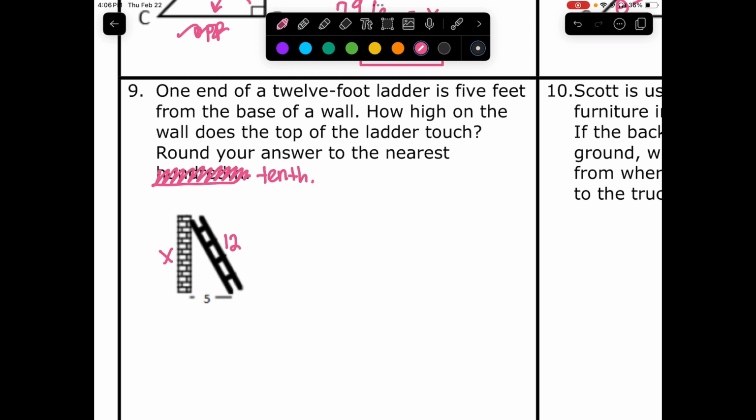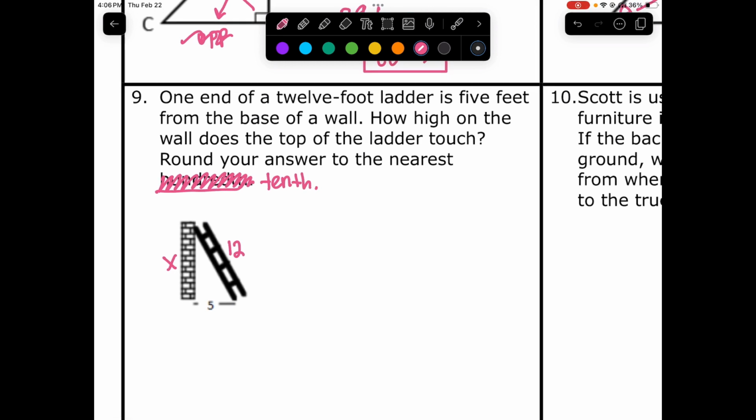All right, so since we don't know any angles for this problem, but we do know two sides, we're going to use the Pythagorean theorem. And like I said before, let's see if we can figure out a shortcut. 12 is the hypotenuse. 5 I'm going to call B, and then X is going to be A. So since we don't know A, we're going to use the shortcut that's in your notes.